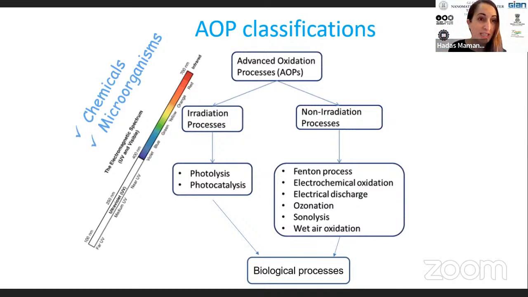We can target, for example, 265 nanometers, 275, 280, 285, 290, 300, 365, 385, 395, 405. So for photocatalysis, for example, we can match the band gap and the LED, which is a beautiful technology.